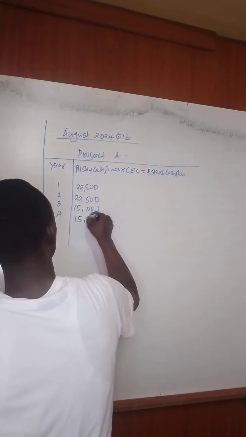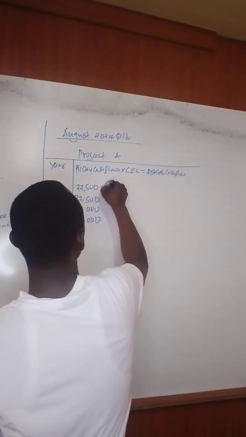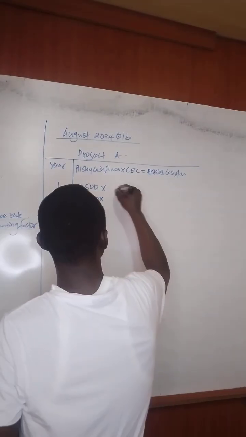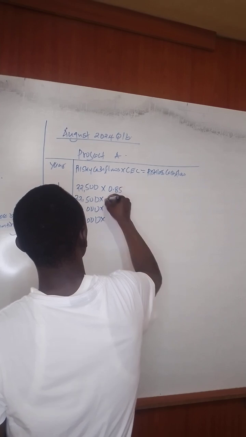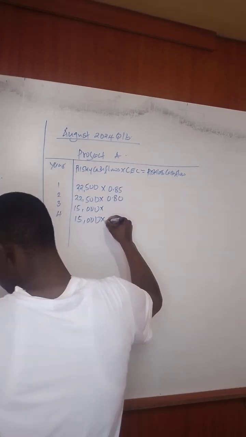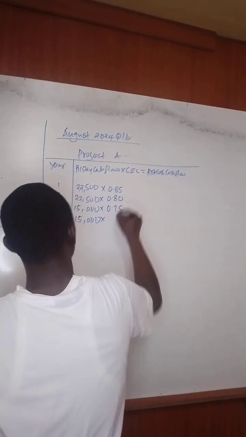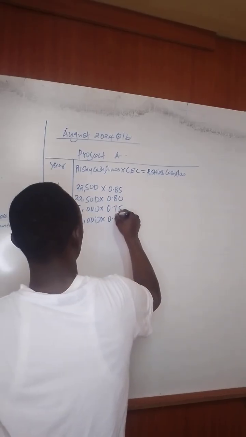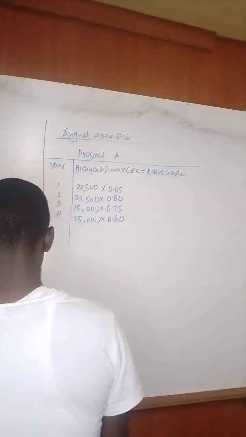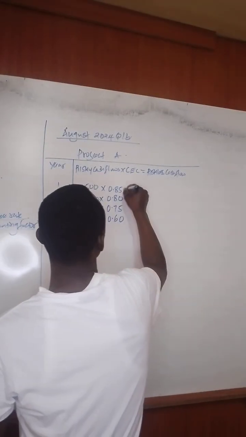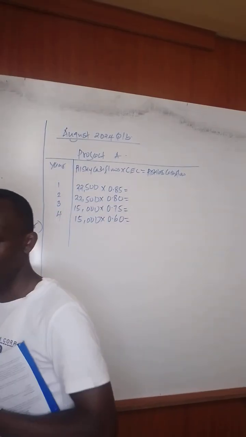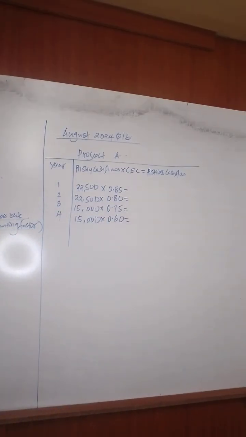We multiply by the CEC: 0.85, 0.80, 0.75, and 0.60. Then we get the riskless cash flows that we are going to discount.